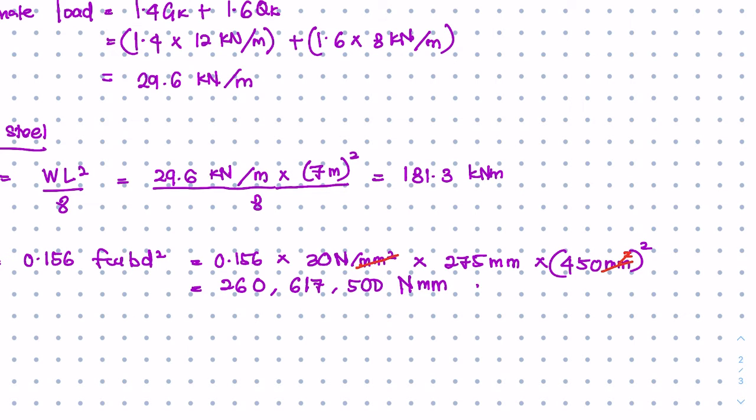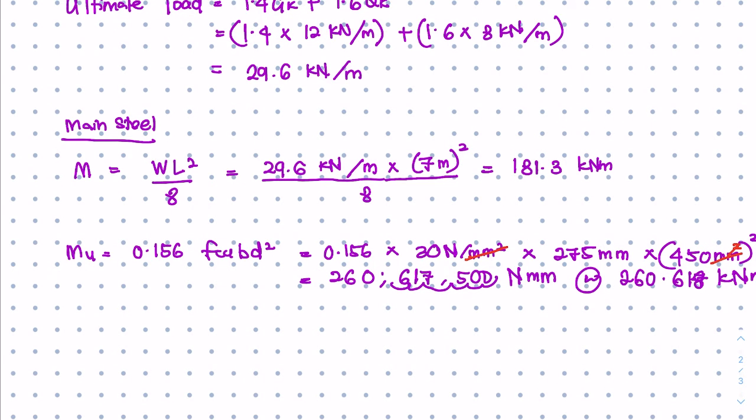meter, because we want to compare with the value of M. Divide by 1000 for millimeter to meter, and divide another 1000 for Newton to kilonewton. You will get 260.617,618 kilonewton meter.